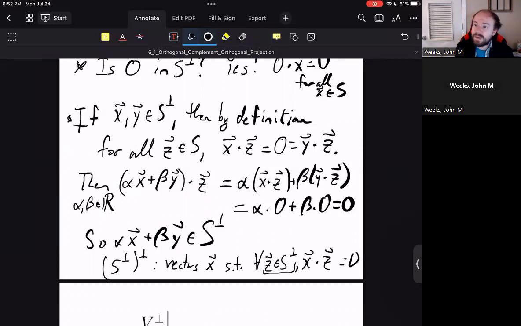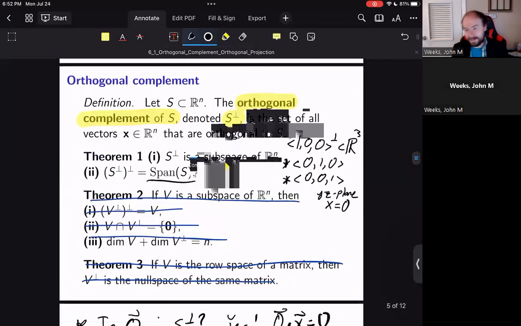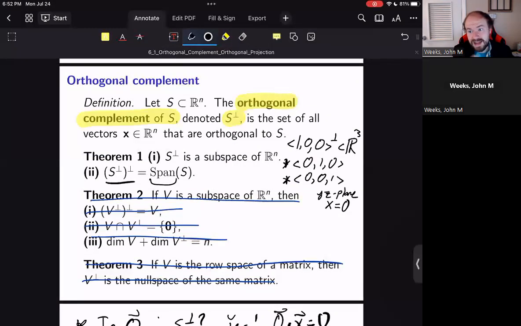This starts looking like we're reversing the process again, like we're trying to get elements x that are back in S. And indeed, after a little bit of toil, we can figure out that it's exactly the vectors inside of the span of S that give us the perp of S perp. Now, why is it the span of S rather than just the set S itself? Remember that S does not have to be a subspace.